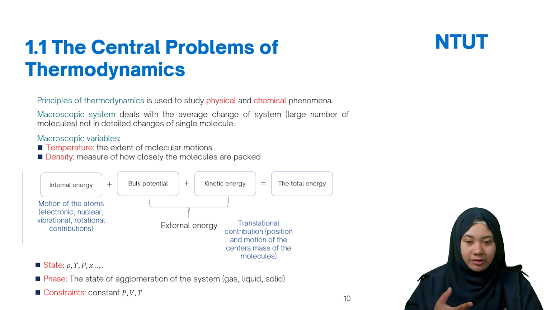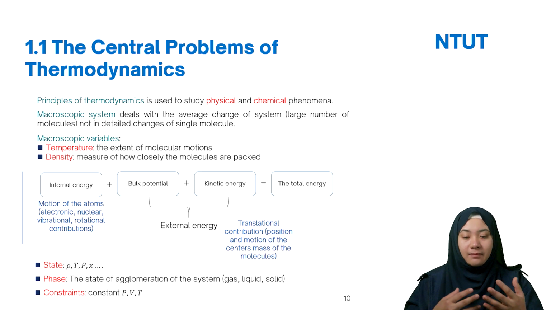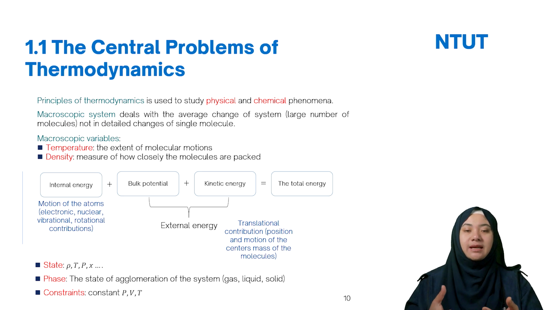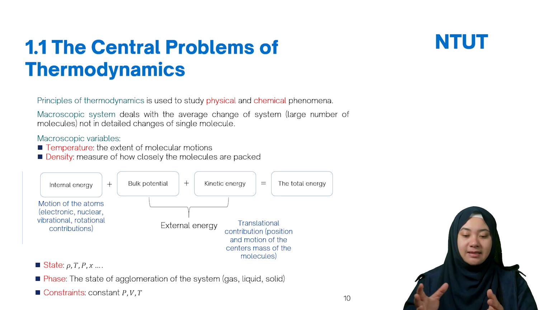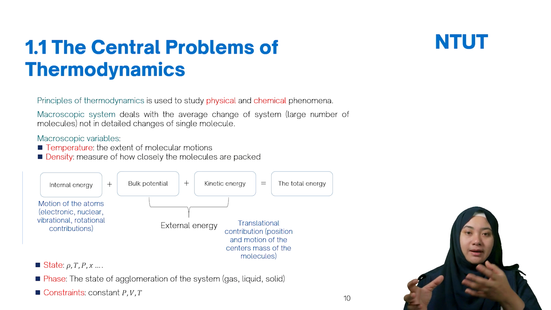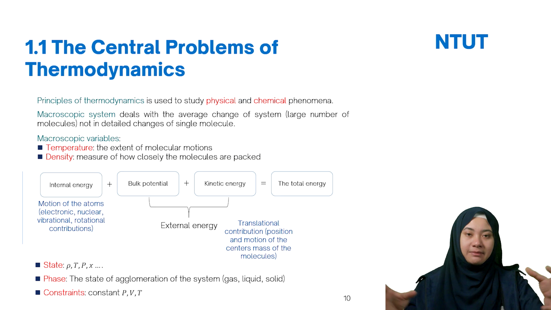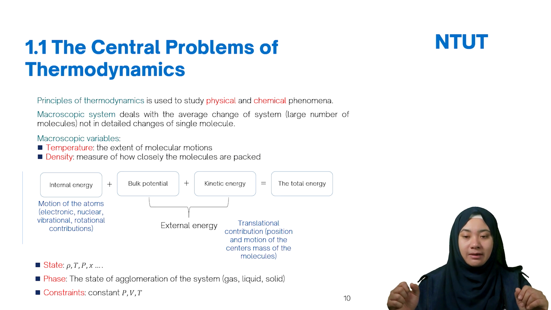Temperature means the extent of the molecular motion. We have molecular motions, and when you increase the temperature of a system, for example water, you boil it. The water becomes gas phase and moves freely. This is what we call molecular motions.